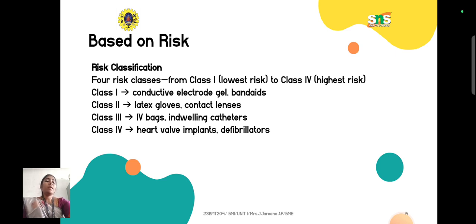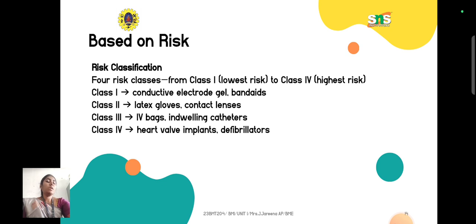Now let me tell you what examples come under class 1, class 2, class 3 and class 4. Class 1 is a low-risk category, so you can place conductive electrode gel and band-aids in this category. Class 2 is latex gloves and contact lenses.